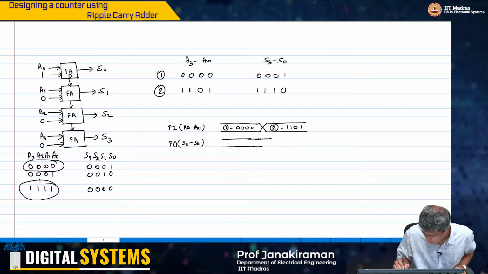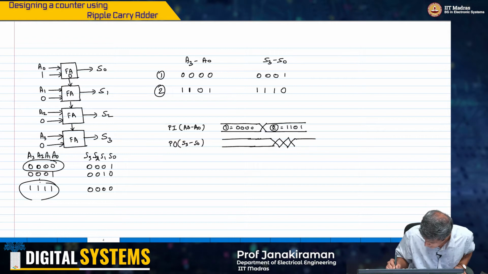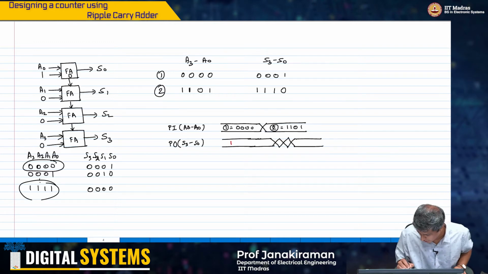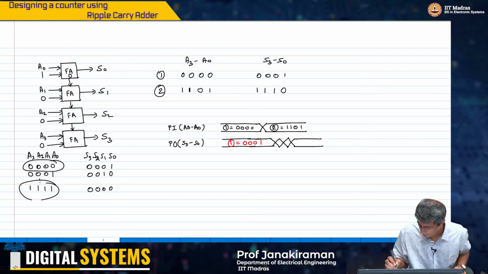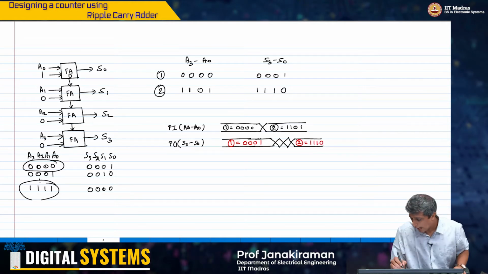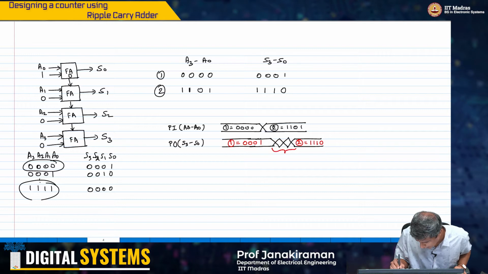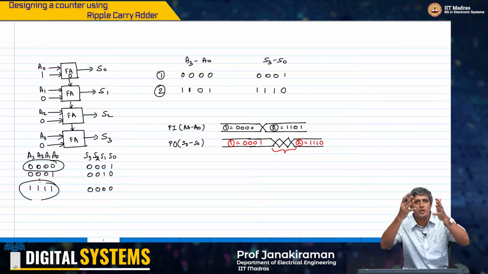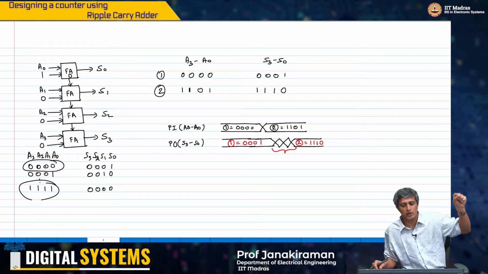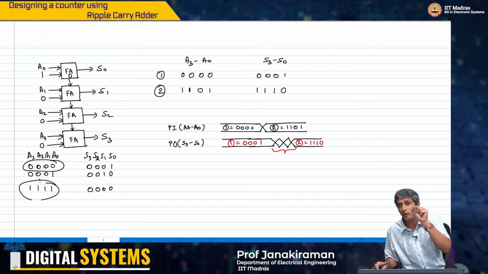Remember, I told you that after the input changes, you will have some random transitions like this, and eventually it will settle to its actual state. So state 1 corresponds to 0 0 0 1, and state 2 corresponds to 1 1 1 0. Now I am going to look at what are the states that S3 to S0 go through in the process of going from 0 0 0 1 to 1 1 1 0.